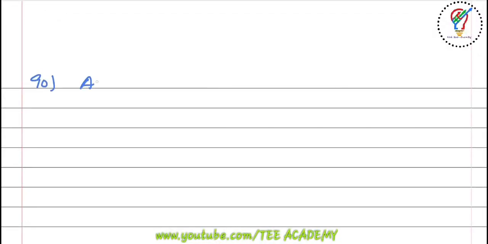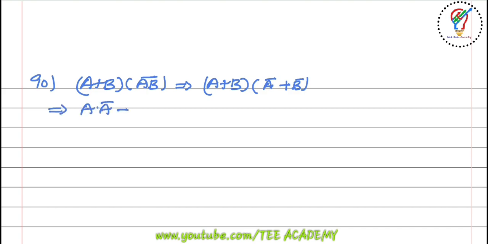The option that I have chosen is (A plus B) into (A B bar). This can be split into (A plus B) into, taking the whole bar and splitting, (A bar plus B bar). From this, A into A bar plus A into B bar plus A bar B plus B into B bar.